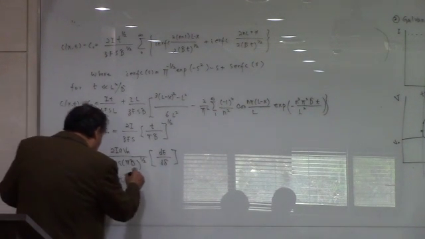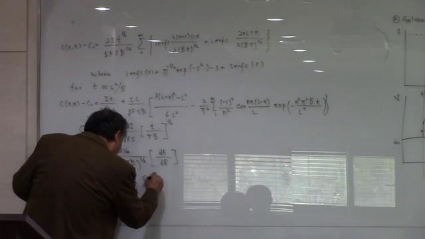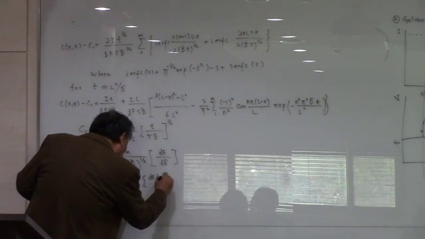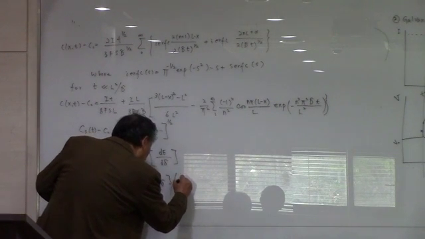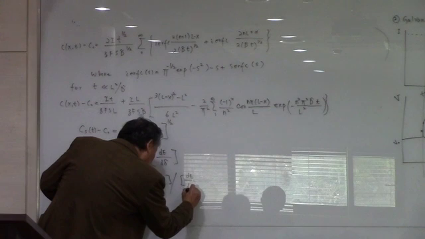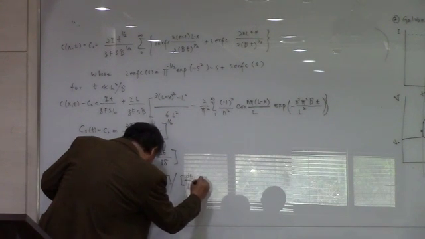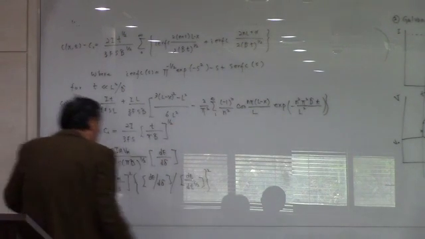Okay, and then dE over d delta divided by dE over d root t, skip.